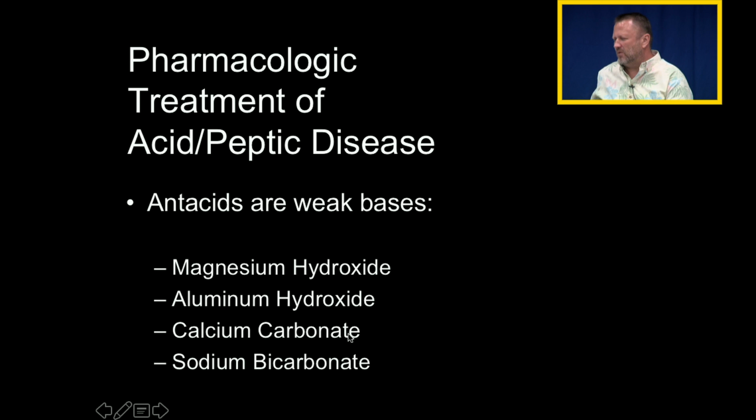And the first thing I want you to realize is that these two are not systemically absorbed, but these two are systemically absorbed. So when you take calcium carbonate or sodium bicarbonate, that can directly affect the acid-base balance in your body. Magnesium hydroxide and aluminum hydroxide are not absorbed systemically.